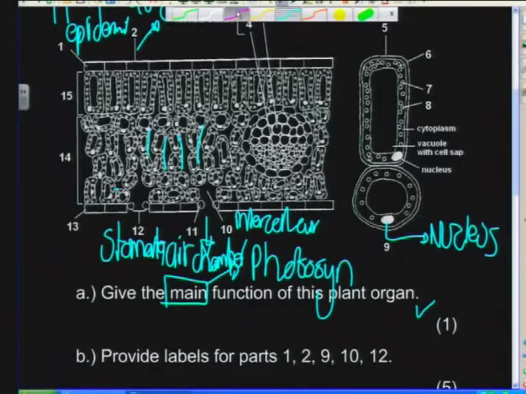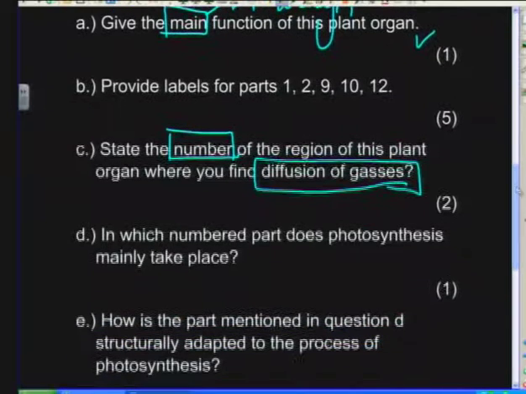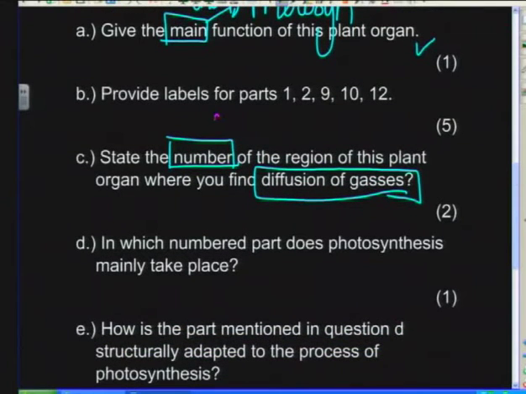I'm going to use pink just so you can see. We've got a few options. 10, 11, or 12. Okay, where does it come in and where does it come out? Your answer is number 12. Right, number 12, because that is your structure. All right, so the number is 12. Okay, state the number of the region of this plant organ where you would find the diffusion of gases. There we go.